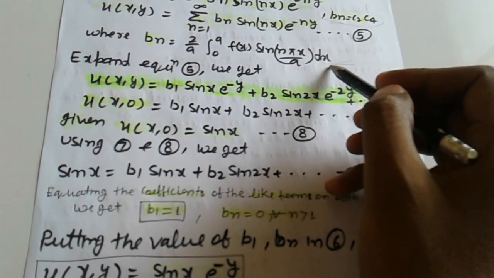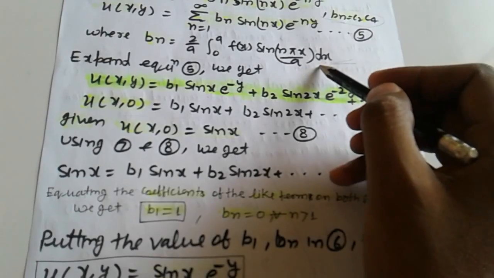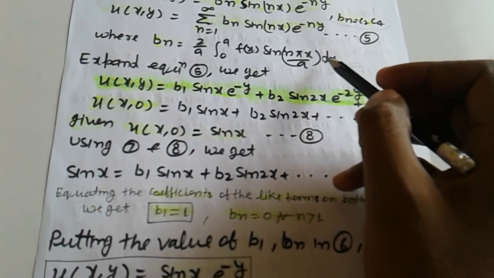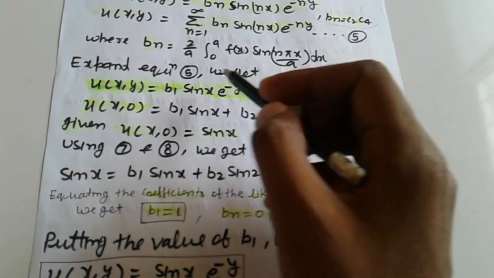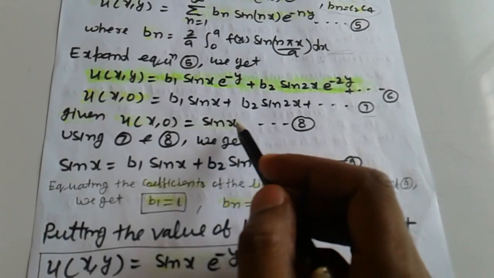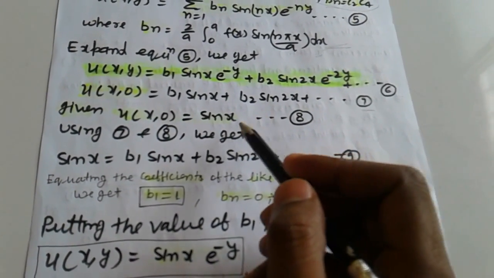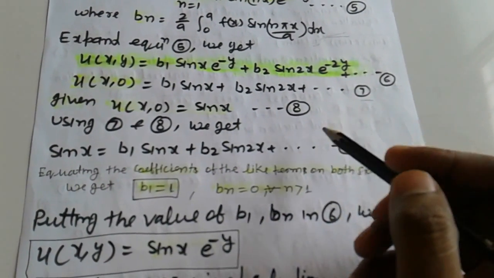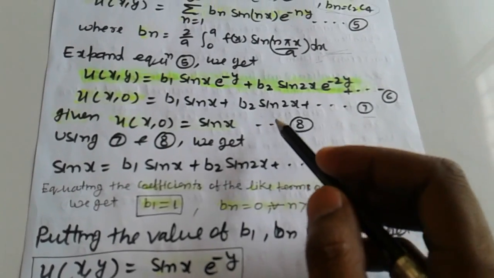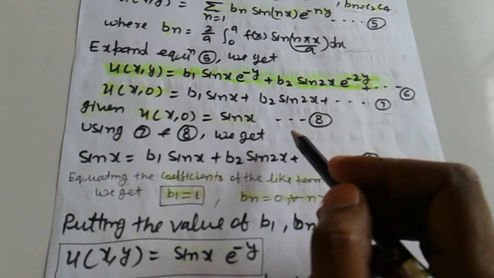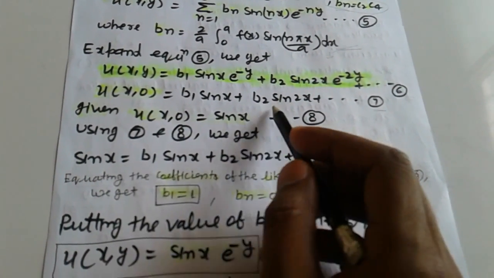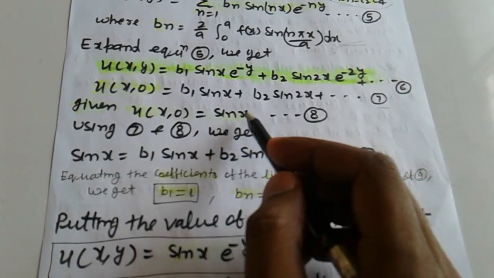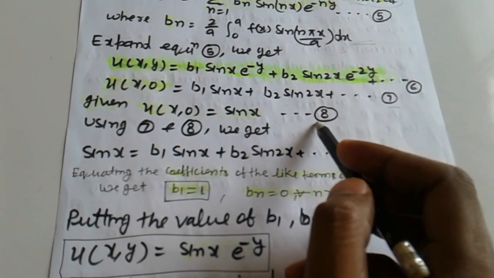This is an easy process, whereas evaluating b_n is a very lengthy process. So always remember, if u(x, 0) is given in sine format, sin x, sin 2x, sin 3x, then expand 5 and compare. So u(x, 0) in this problem is given as sin x, that is equation number 8.